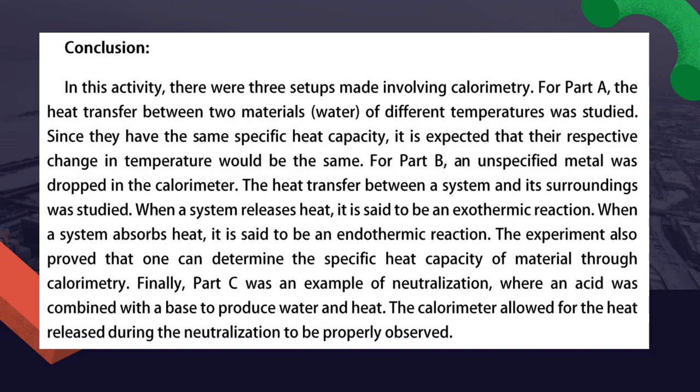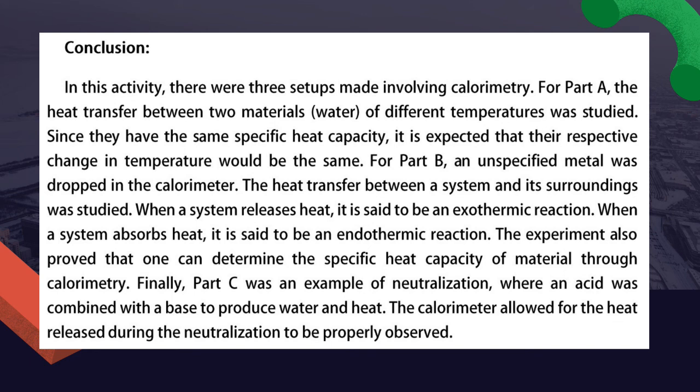In this activity, there were three setups made involving calorimetry. For part A, the heat transfer between two materials, or water, of different temperatures was studied. Since they have the same specific heat capacity, it is expected that their respective change in temperature would be the same. For part B, an unspecified metal was dropped in the calorimeter.